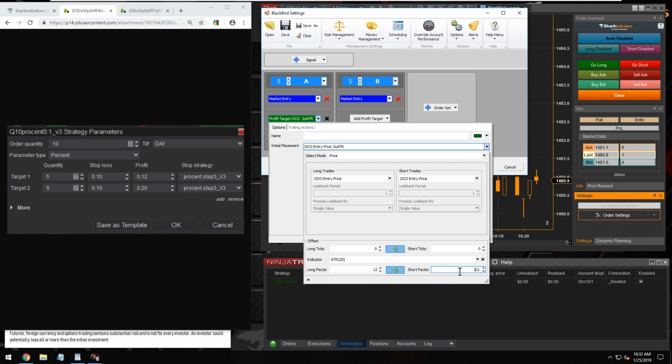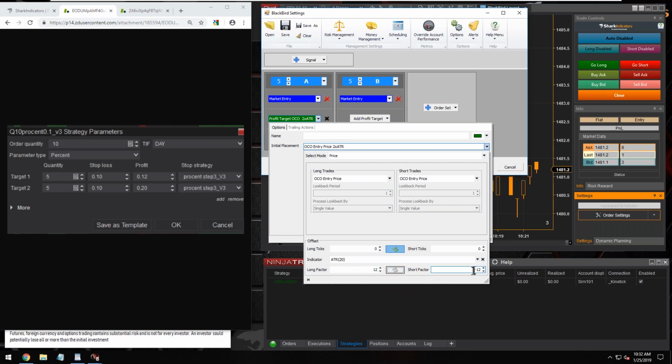Now with BlackBird, you can set up different conditions for a long trade versus a short trade. For example, if you're trading stocks, typically stock traders will have different conditions when they're going short versus going long. So if you wanted to do that, you could turn off the sync option here, right?